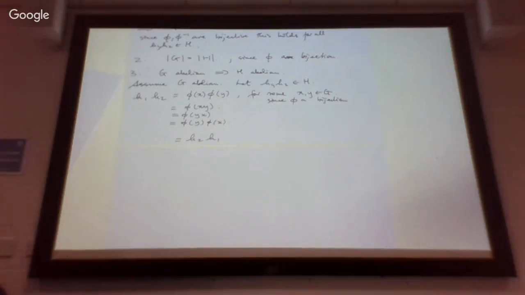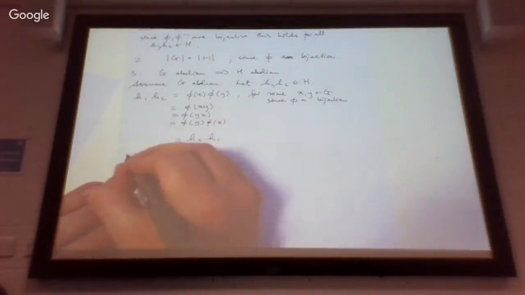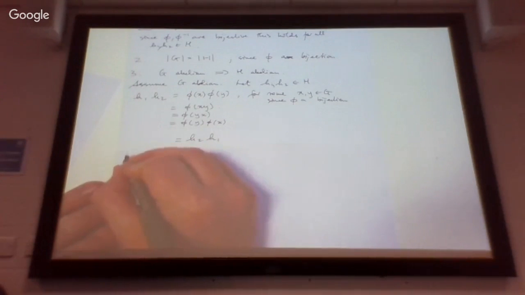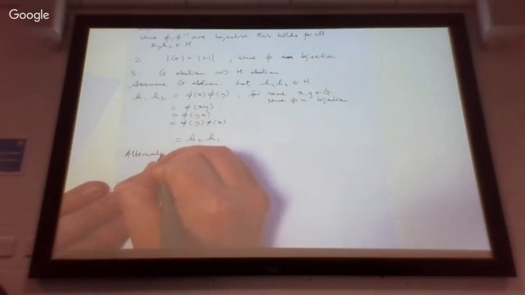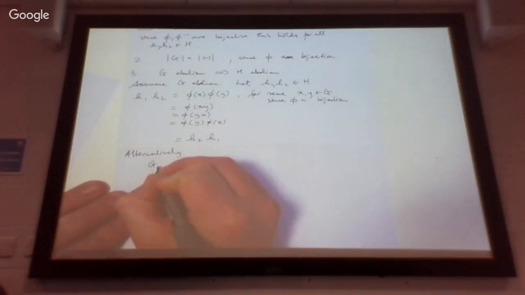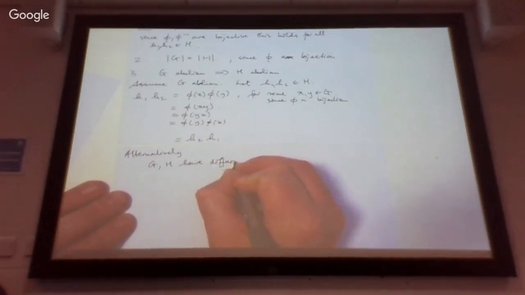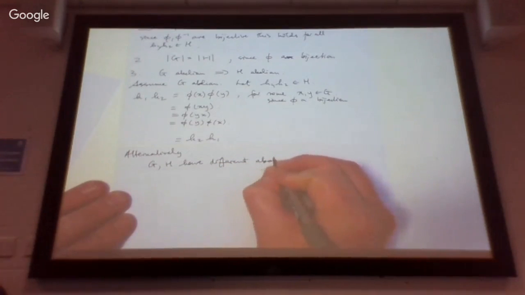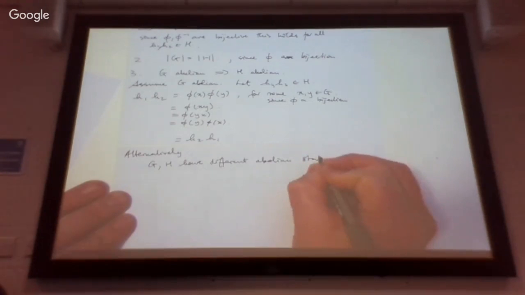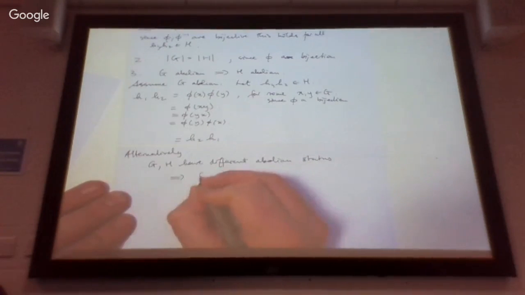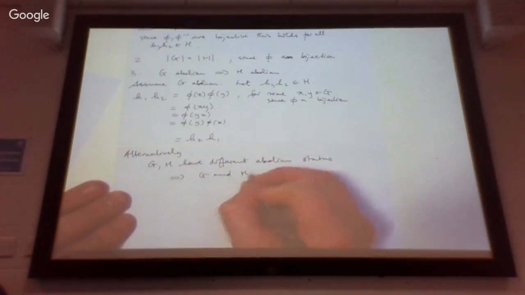It doesn't tell you that they are isomorphic, right? Just because the two groups are abelian doesn't mean they have to be isomorphic, because they could be of different sizes. So alternatively, if G and H have different abelian status, meaning one is abelian and the other isn't, that implies G and H are not isomorphic.